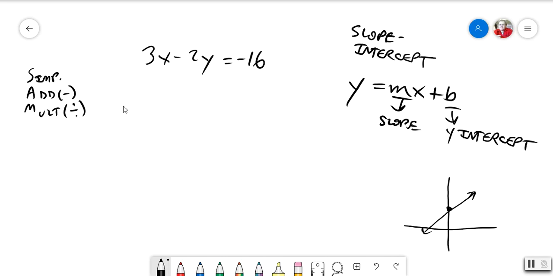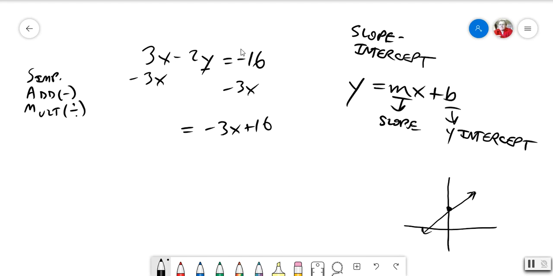Simplify, add, and multiply. So I want to get y by itself, so I have to subtract out the 3x first. So I get negative 3x plus 16. Now, normally I would stick the thing I'm adding or subtracting to the right, but in the format of the slope-intercept form, I want to have the mx first.